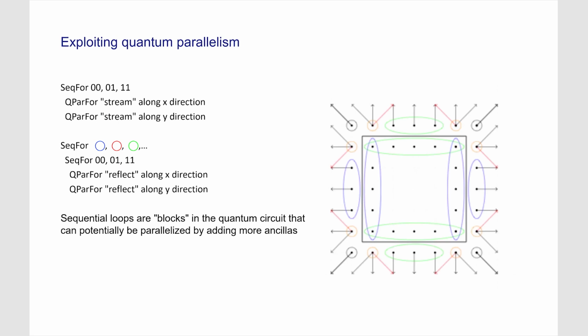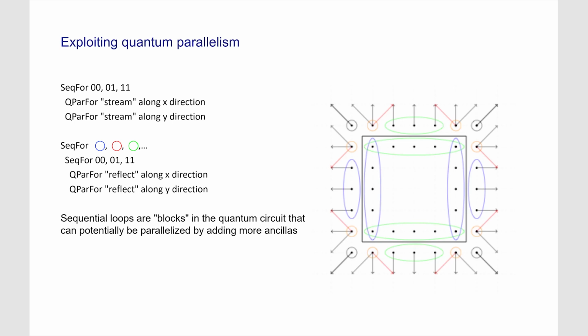These are all the different cases that one has to consider. For example, one detects, okay, we are at a horizontal wall, then we have to do this and this and this. And what I try to illustrate is that we have sequential for loops over the velocity configurations, stand still, move left, etc. And then we have parallel, but not in a classical parallel, but really in a quantum parallel.